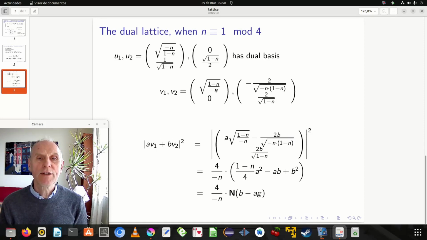So it's a times this guy plus b times this guy, or this vector. And then we compute it and end up that it actually gives 4 divided by minus n times the norm of b minus ag, which means that we can sum over the original lattice, but the results have to be changed so that if n is -3, then it's 4/3.